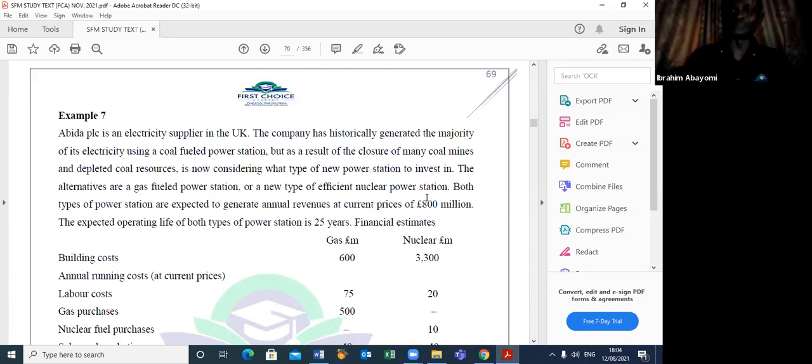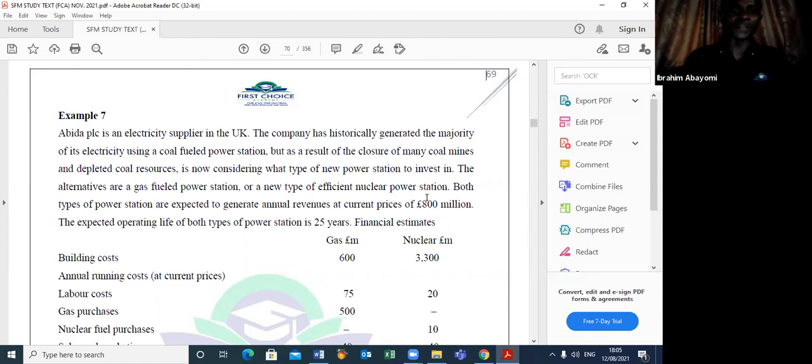Now, what's the problem here? This company has been using coal to generate electricity in the UK. You need to understand the background to this question. Now, because coal is going into extinction, the company is now thinking of alternative power supply.